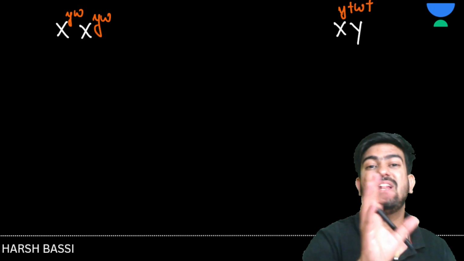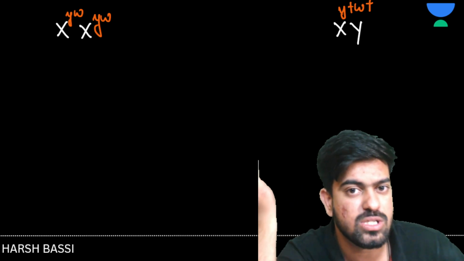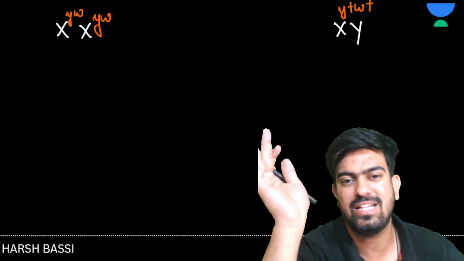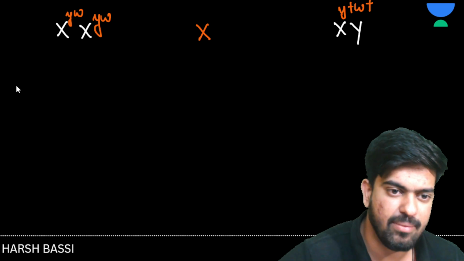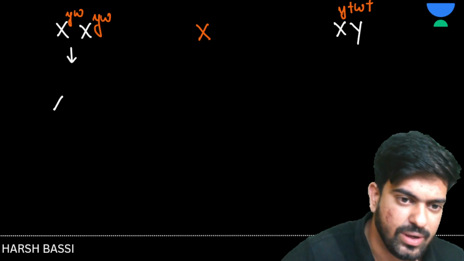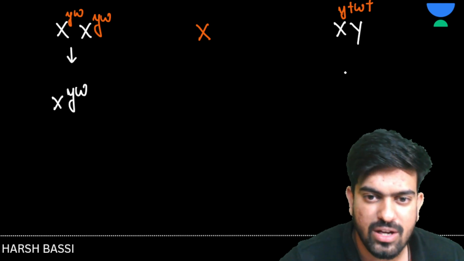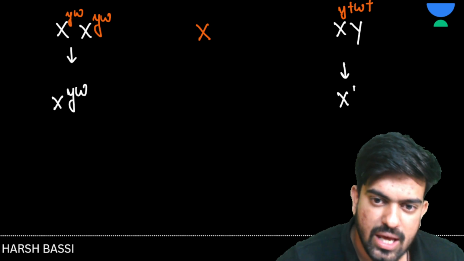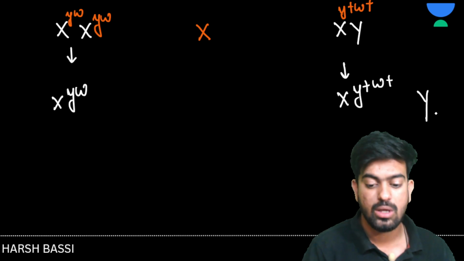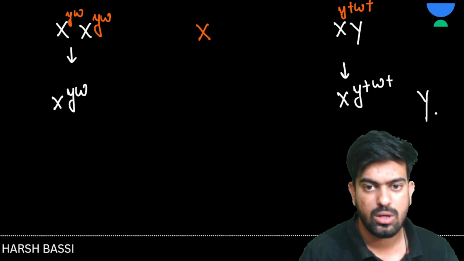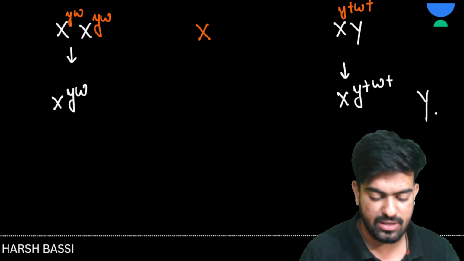But on the Y chromosome there will be no genes for the body color and the eye color, because the Y chromosome doesn't have these genes. Now we are crossing it. How many types of gametes are we going to get? From the female we get one type of gamete, X YW. And from the male we get a gamete which will be X Y plus W plus, and Y. Clear? Yes or no? Any doubts? Let me know fast.